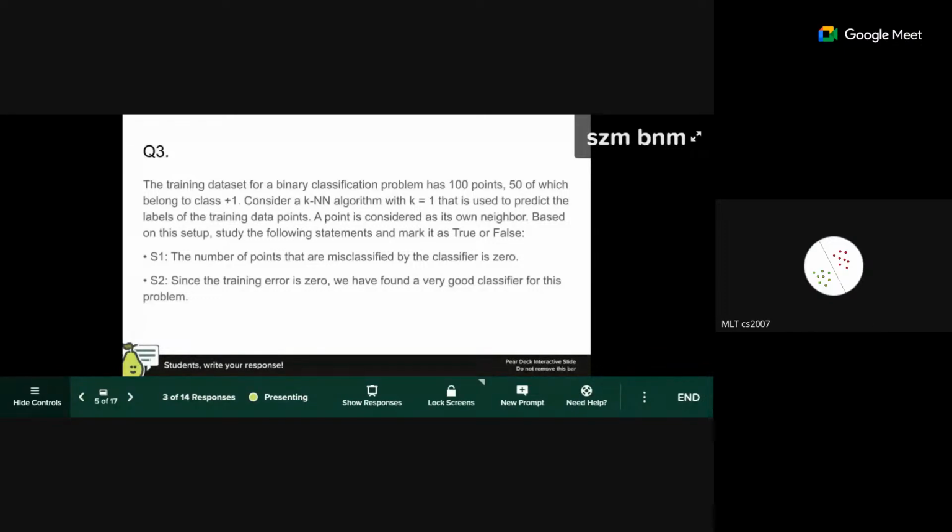If I'm talking about a 1NN algorithm, where k is 1, and a point is considered its own neighbor, then for any data point we take, the first neighbor is going to be that point itself. That label we already know, so the number of points misclassified is going to be 0 because every point is its own neighbor, right?